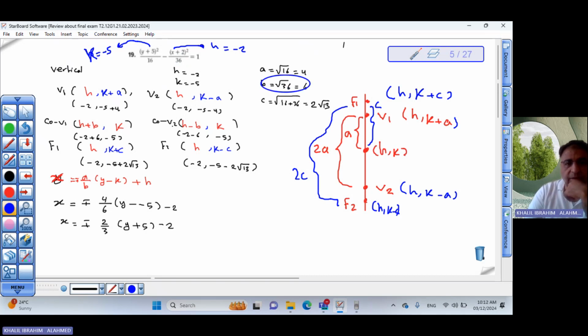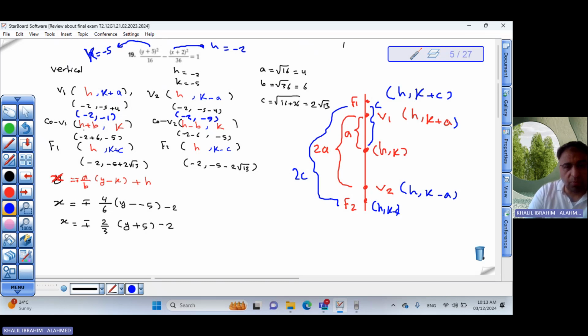Good. Now we can write everything here. H is -2, k is -5, plus a, plus 4. Here V2 is -2, k, -5 minus 4. It's easy to find the final answer: -2, -1, and here -2, -9.